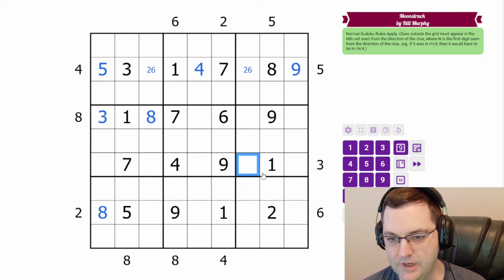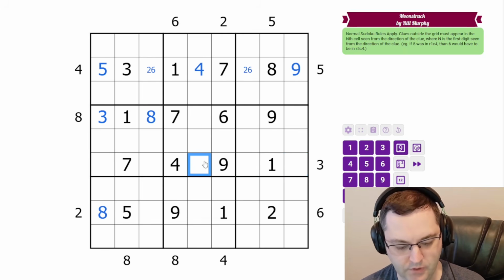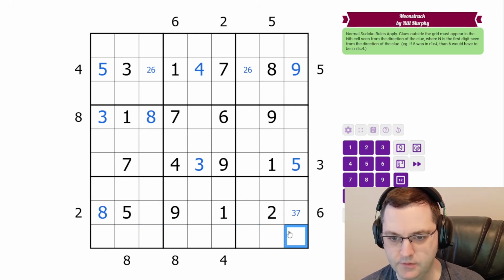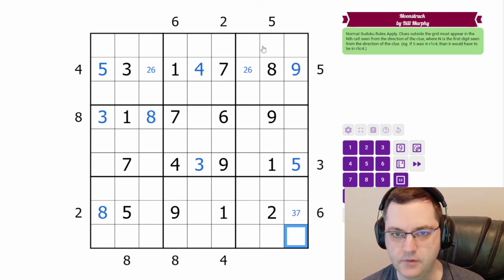So 3 can't go in the 3rd cell because a 3 in the 3rd cell would require a 3 in the 1st cell as well, and that breaks. So the only place for 3 is the 5th cell. 6 can't go in the 1st, 5th, or 9th, so it's in the 3rd or 7th, and I don't see any problem with that immediately, so we'll just mark that as 3, 7.